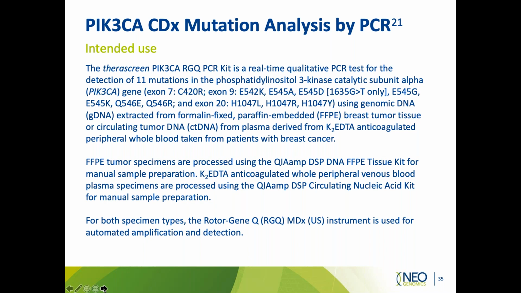They're processed using the FFPE tissue kit by QIAGEN for manual sample preparation. For blood, there's a corresponding QIAGEN nucleic acid kit for manual sample preparation. And for both specimen types, it's the RotorGene Q RGQ MDX instrument used for the amplification with software detection.